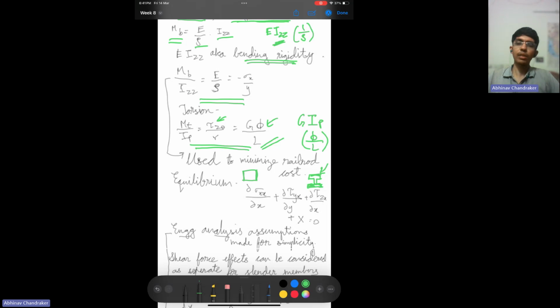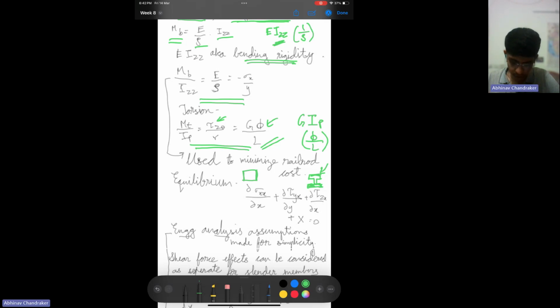We want it to experience as little strain as possible. The bending moment, of course, will be fixed, because it will depend on the load applied, the contact of the wheels with the railroad. So that will depend on the load being applied. But you can change either the material being used or the geometry of that railroad which is undergoing loading.